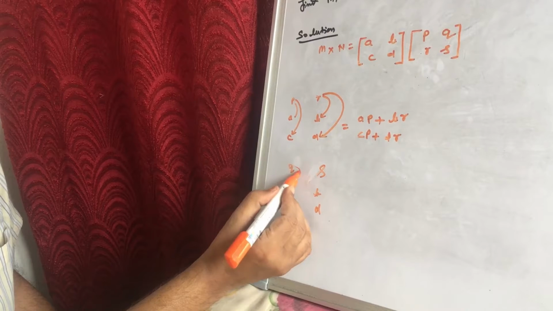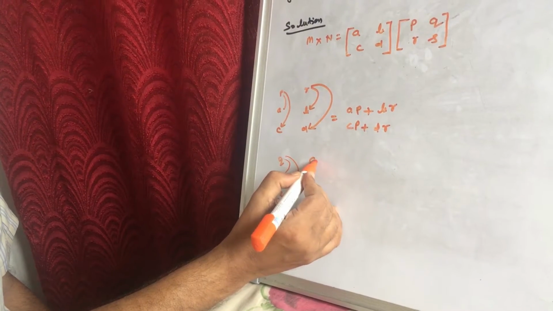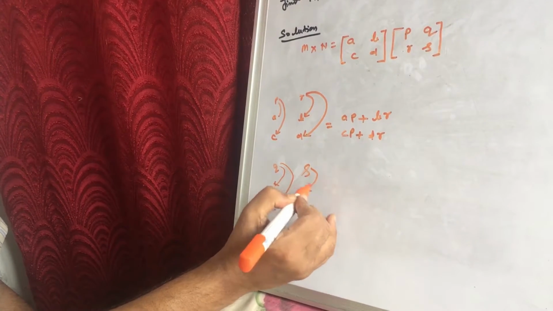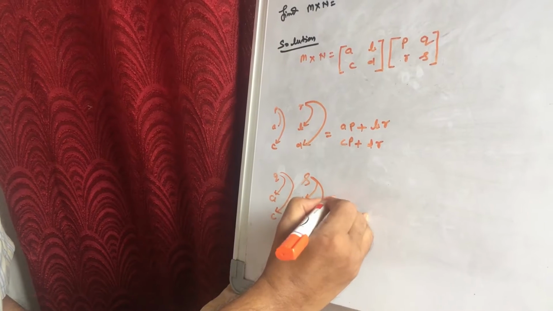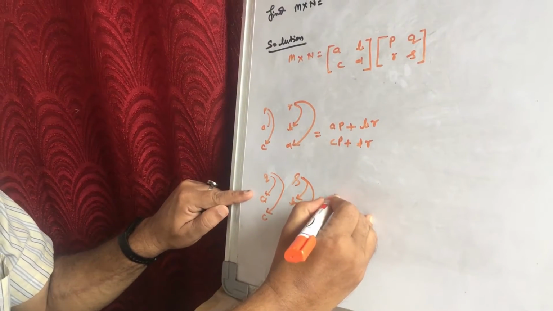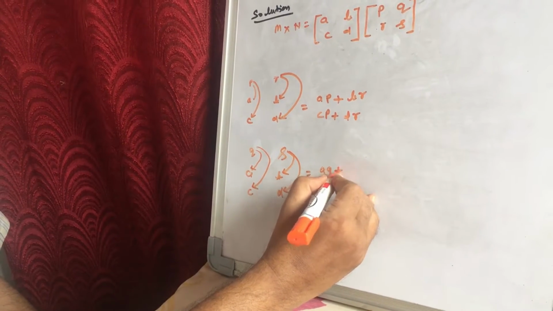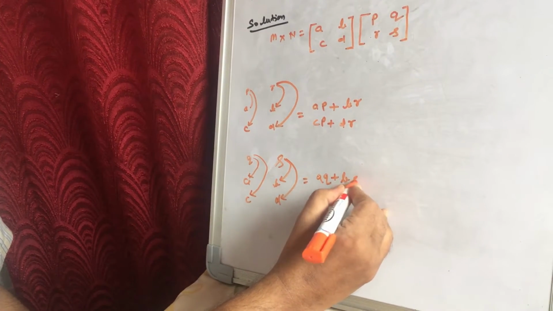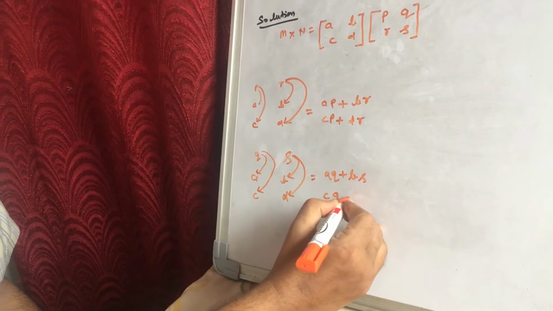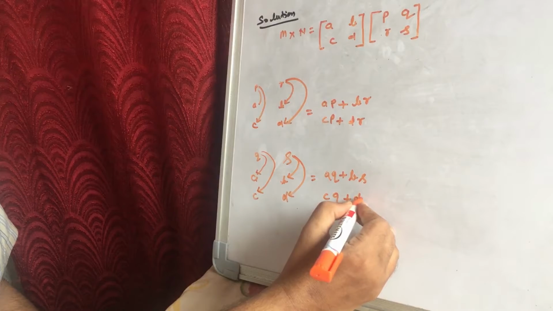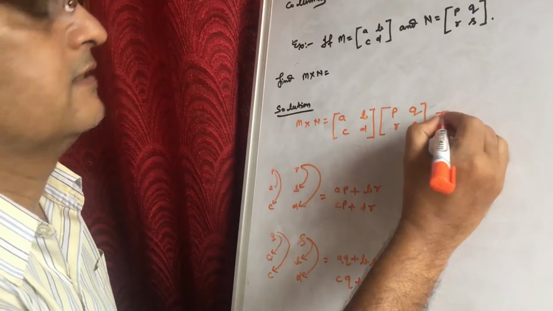I have to multiply Q with A, Q with C, S with B, and S with D. So it will be what? AQ plus BS, then CQ plus DS, right?